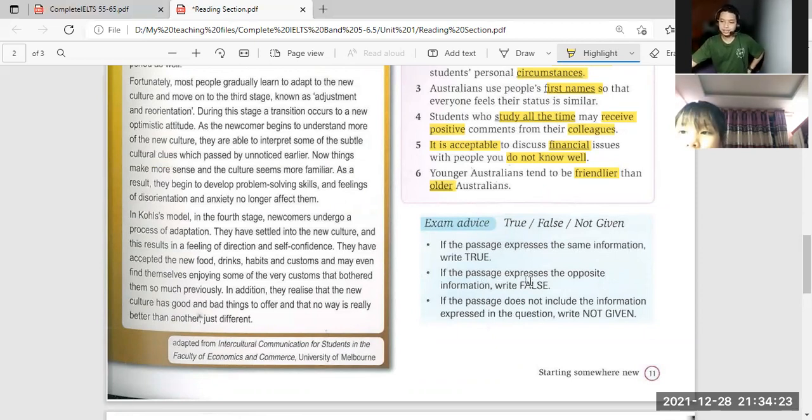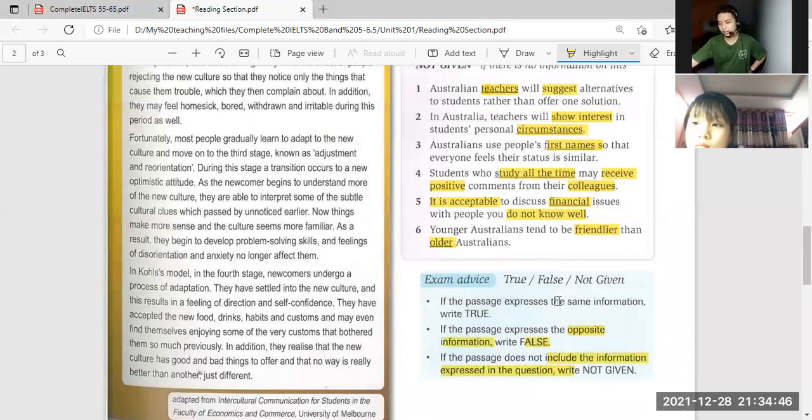If the passage expresses the opposite, do you understand the meaning of opposites? Yes. Okay, if the passage expresses the opposite information, write false. If the passage does not include the information expressed in the question, write not given. Do you understand this, Thuy?